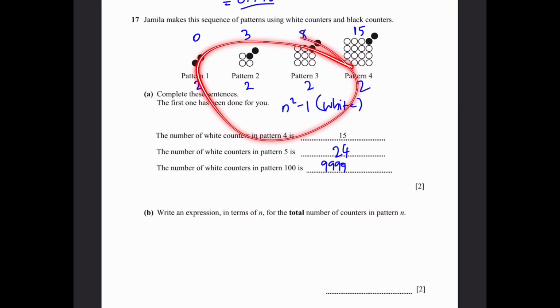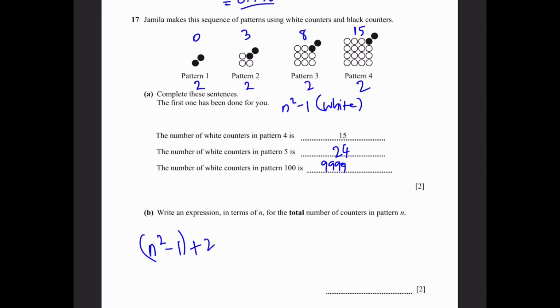So it's just 2 counters which are black in color for every single pattern if this pattern continues. So in pattern n, we'll have n squared minus 1 plus 2. And that'll be n squared plus 1 counters. And that'll be our answer.